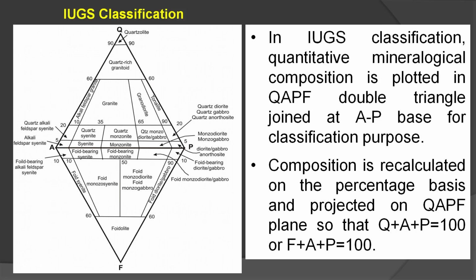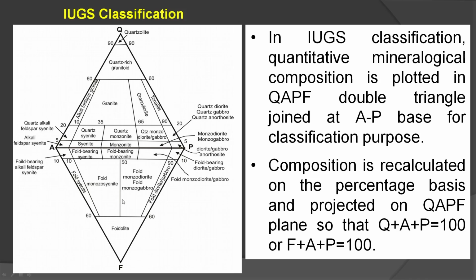Here is a diagram of the IUGS classification. This IUGS classification, as has already been mentioned, is a quantitative mineralogical composition which is plotted on a QAPF double triangle joined at the AP base for classification purposes. So this is the Q, A and P triangle, and this is where we have the A, P and F triangle, and this is the AP joint where they are joined together.